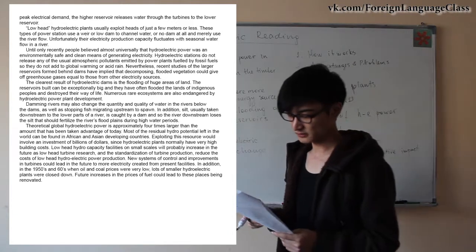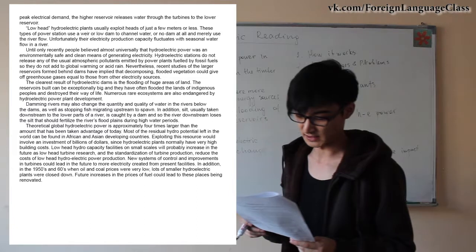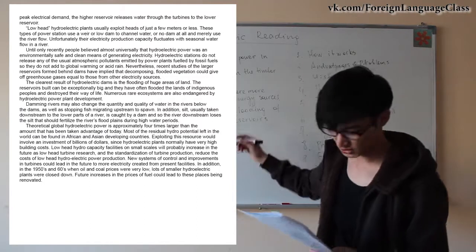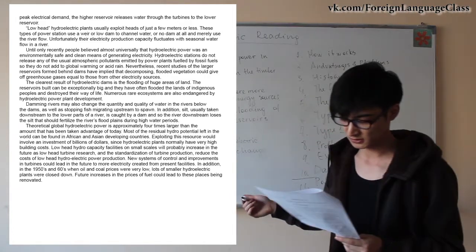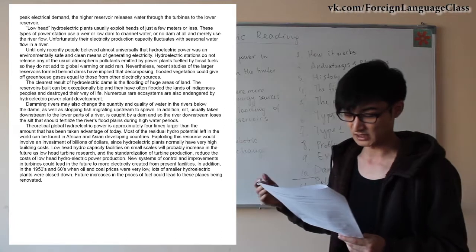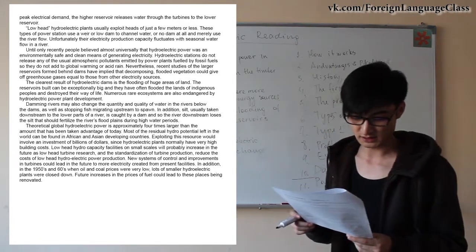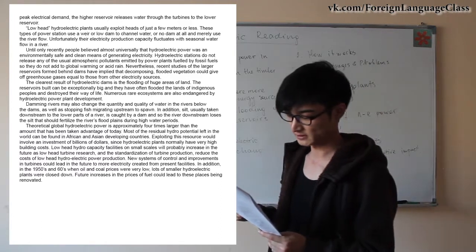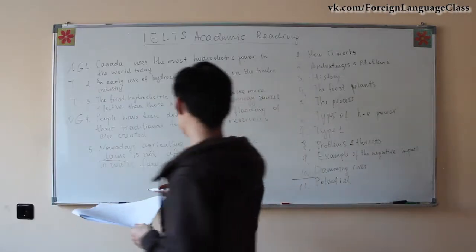Damming rivers may also change the quantity and quality of water in the rivers below the dams. Okay, it really changes, as well as stopping fish migrating upstream to spawn. In addition, silt, usually taken downstream to the lower parts of a river, is caught by a dam, and so the river downstream loses the silt that should fertilize the river's floodplains during high water periods.